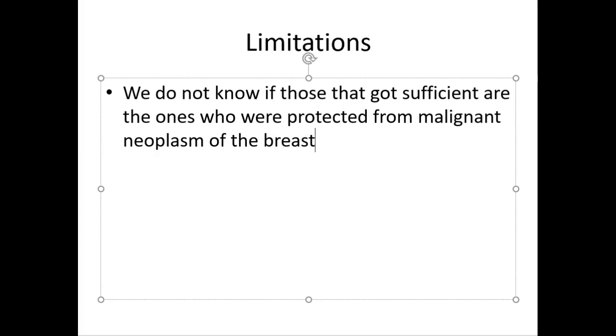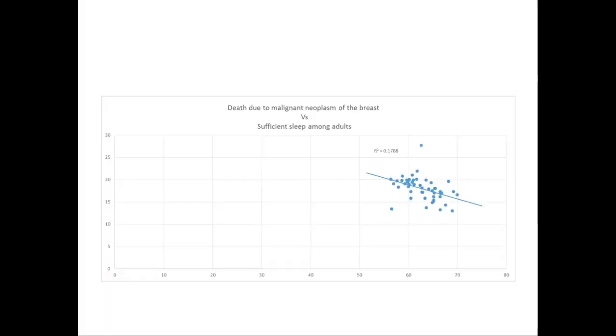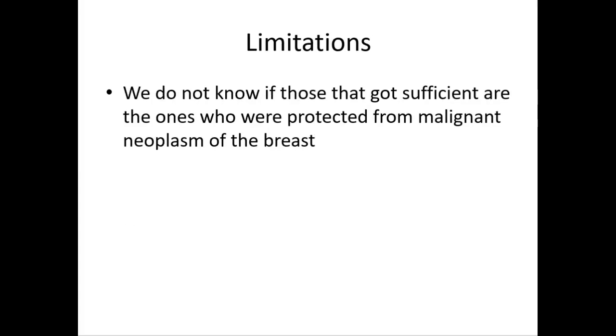And we phrase it that way because this was a negative correlation, and we were actually seeing a protective effect where the higher the percentage of adults who got sleep, the lower the rate of death due to malignant neoplasm of the breast. So that's why we are phrasing it that way.